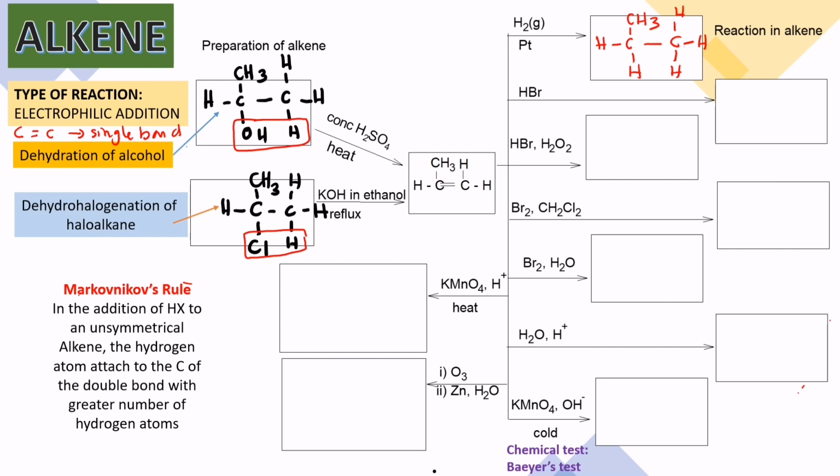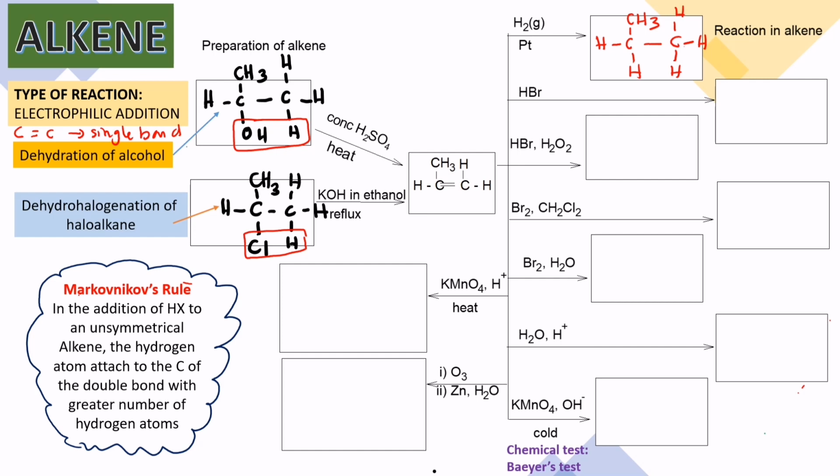Reaction with HBr. Reaction with HBr will follow Markovnikov's rule. Markovnikov's rule states that in addition of HX to an unsymmetrical alkene, the hydrogen atom is attached to the carbon of the double bond with the greater number of hydrogen atoms.